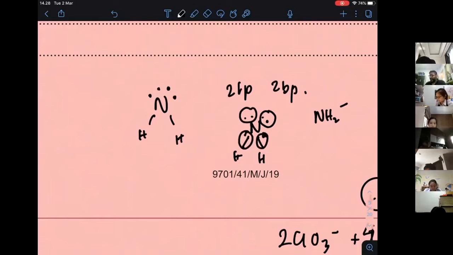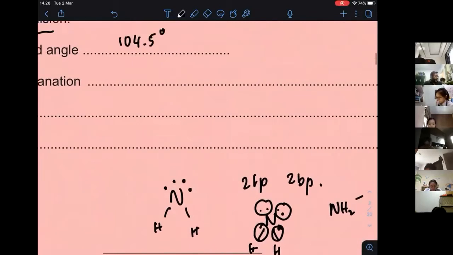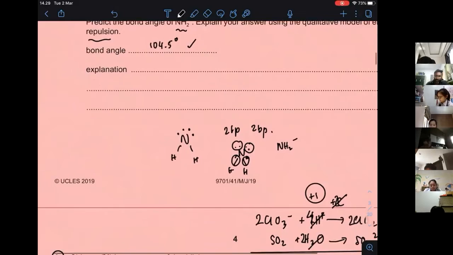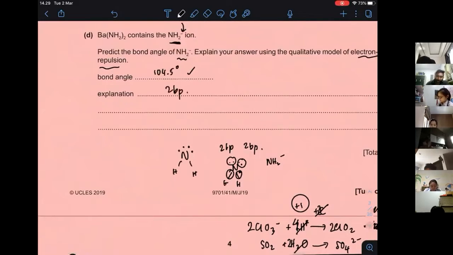Because of this, the bond angle is going to be similar to water, so the bond angle is going to be 104.5 degrees. The explanation is, you need to mention the 2 bonding pairs and 2 lone pairs. You also need to mention that the repulsion between the lone pair and lone pair is greater.